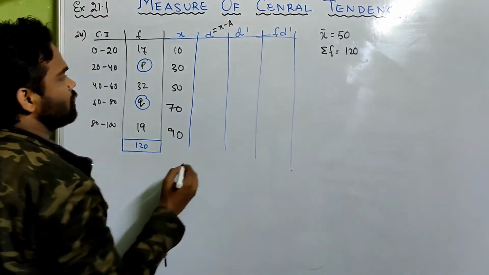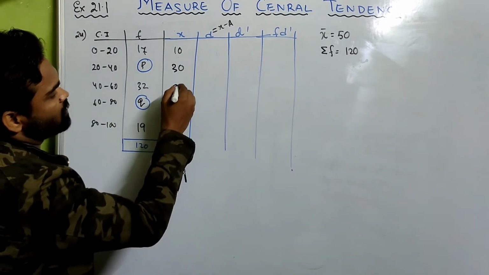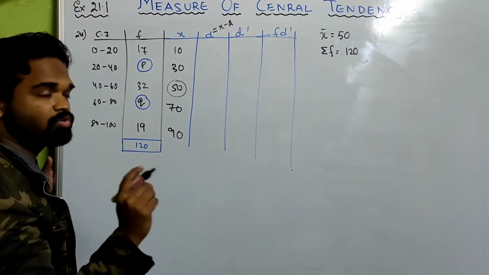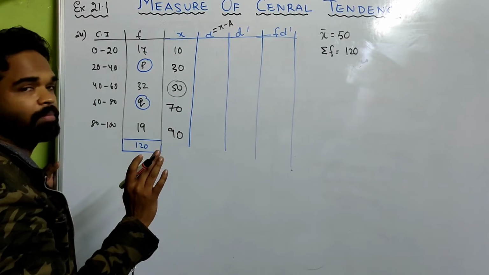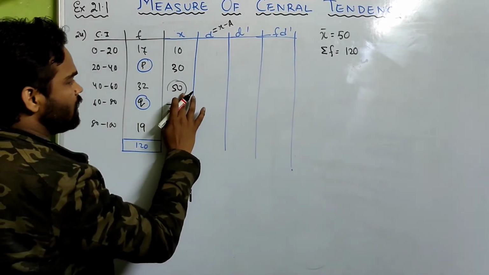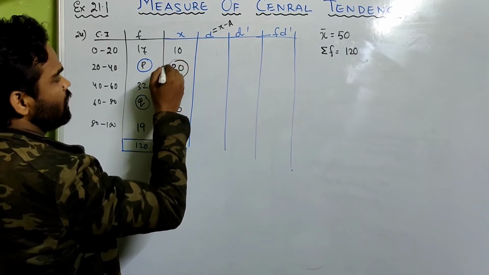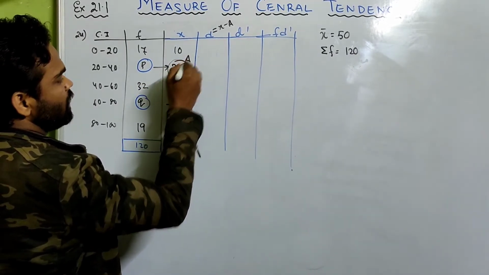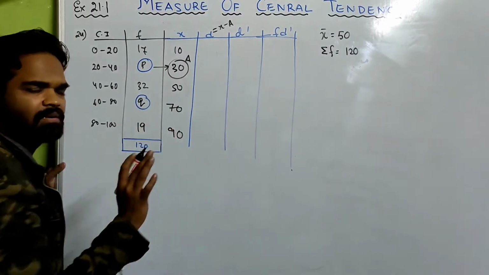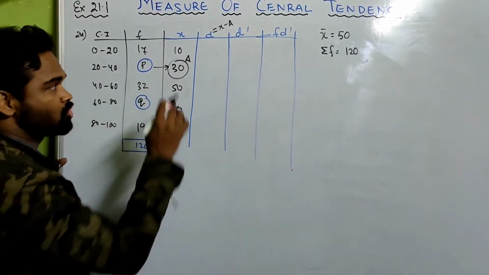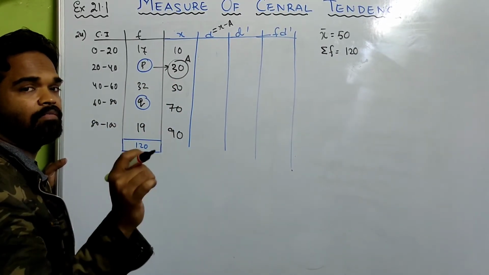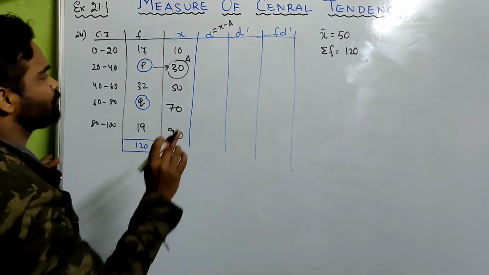Now the main part, what? See, this is in the middle, but I told you assumed mean can be anything from here. So what I'll do, I'll take A as 30, in front of our unknown. You can take 50, you can take 70, doesn't matter. But this choice of A will make our work easier. Okay?